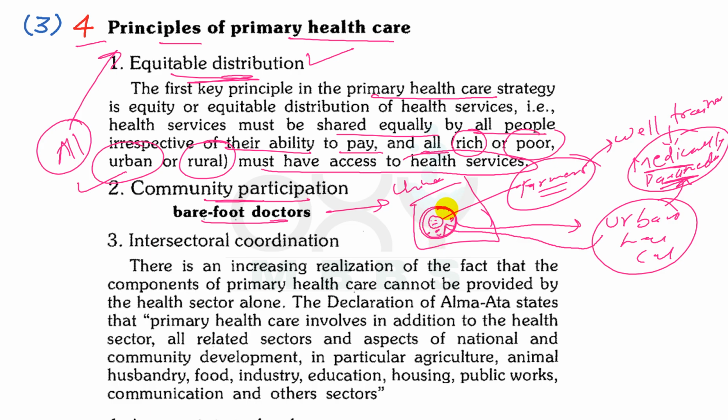So among the community, some people are selected and well trained in the urban health center, and they go back into the society to help individuals. These farmers are individuals among the society, so they must show their interest towards health care.